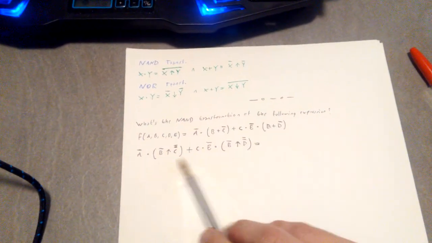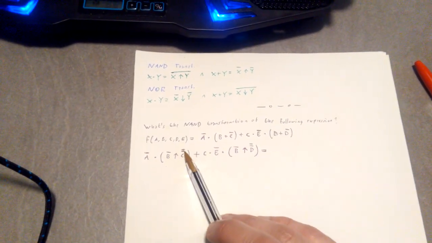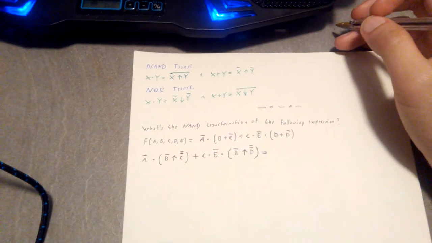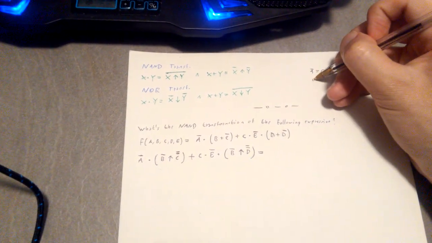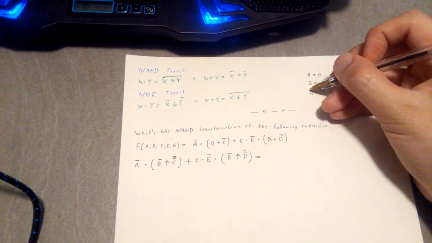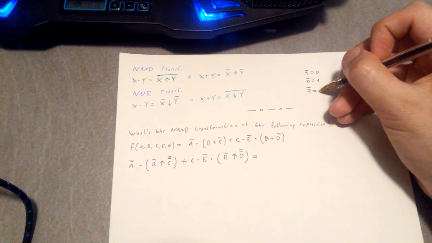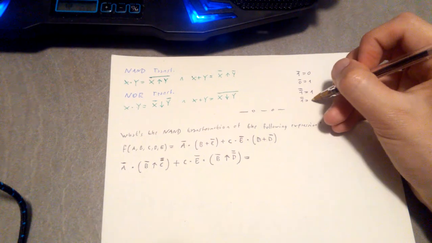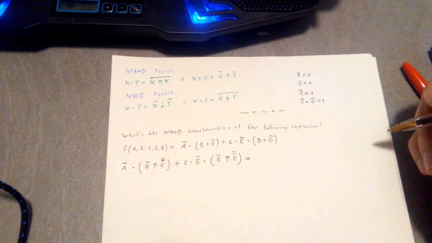Now, I'm going to rewrite again because I don't like to keep those two nots here. As I said before, not 1 is 0 and not 0 is 1. So if you say not not 1, it's the same as saying 1, because not 1 is 0, and not 0 is 1.